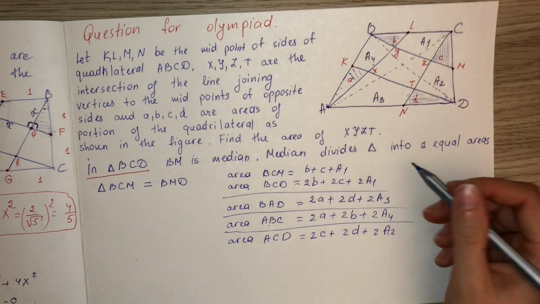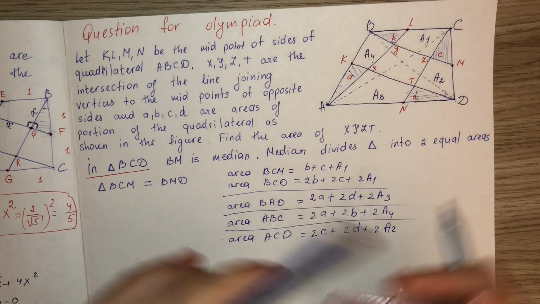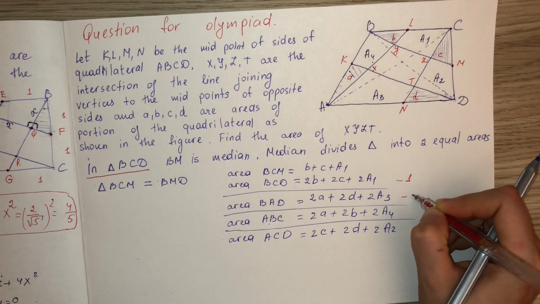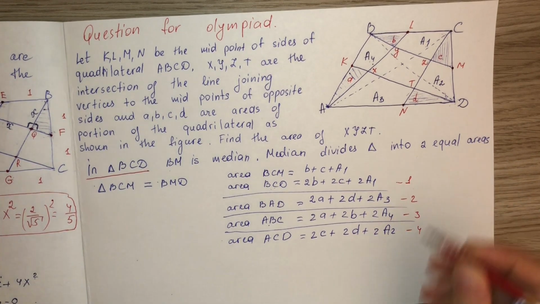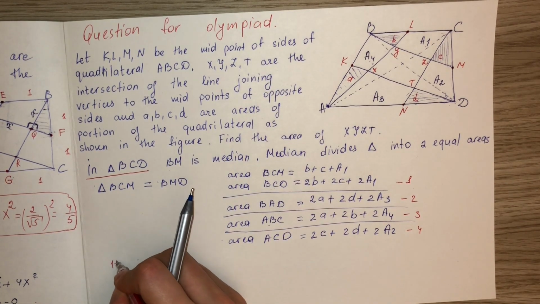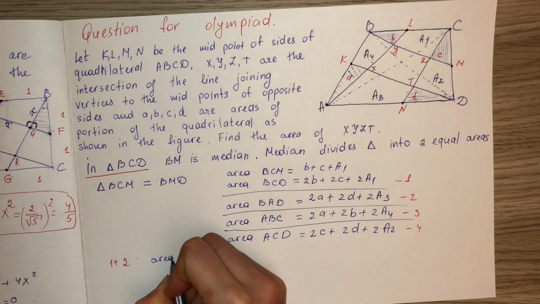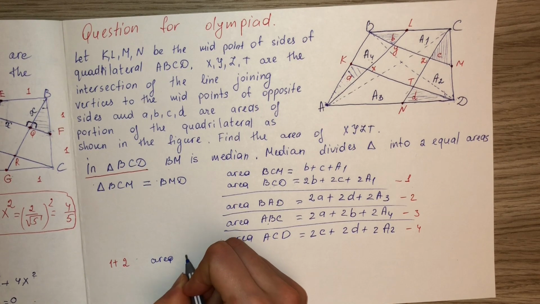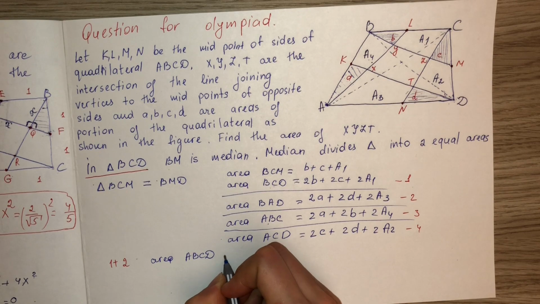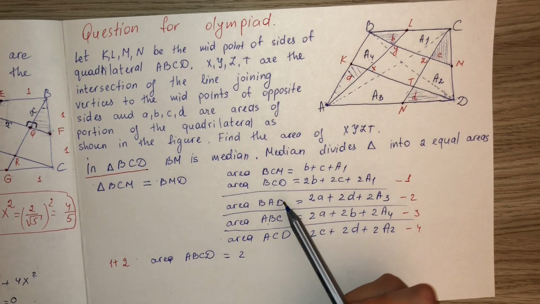And let it be 1, let it be 2, 3, and 4. If we add 1 and 2, we get that the area of ABCD is equal to 2 times the area of ABCD.